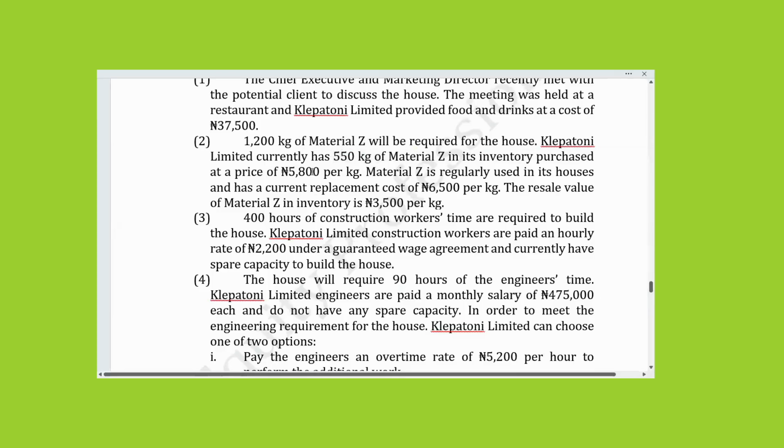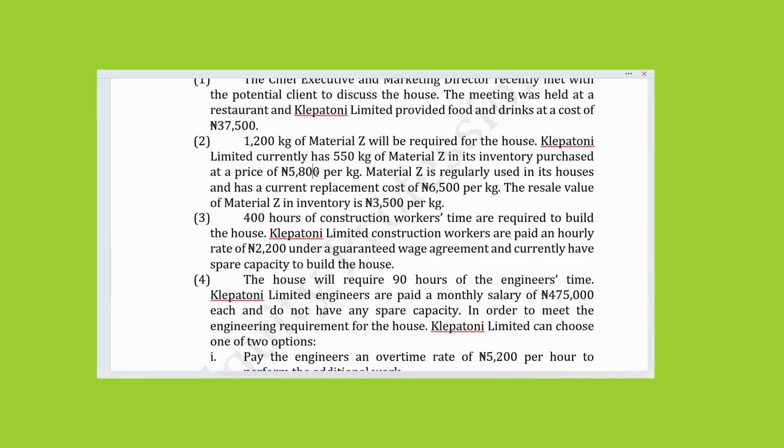We ignore it. I also mentioned that current purchase price is the amount at which the item of raw material or inventory can be purchased currently in the market. When you want to buy material, you go to the market. The price at which you are going to buy it is what is known as current purchase price. And current purchase price is also known as replacement cost.